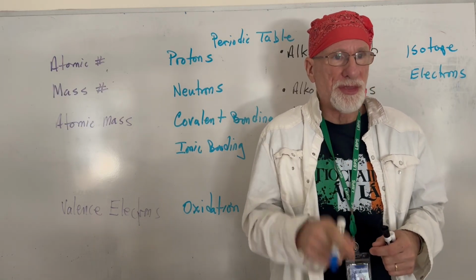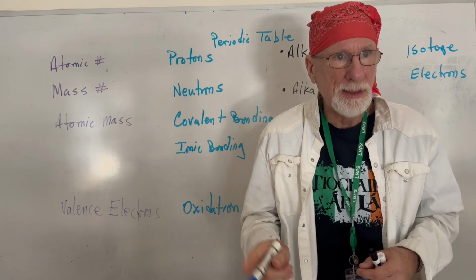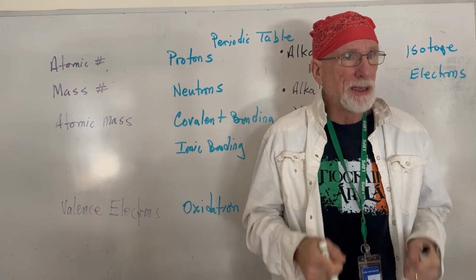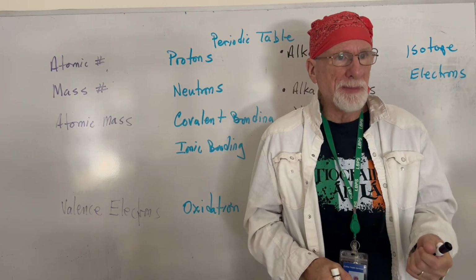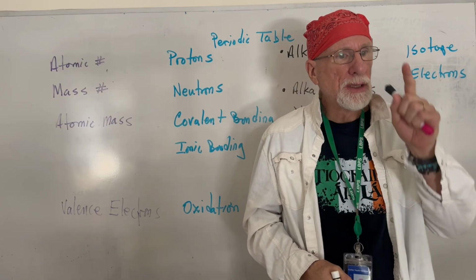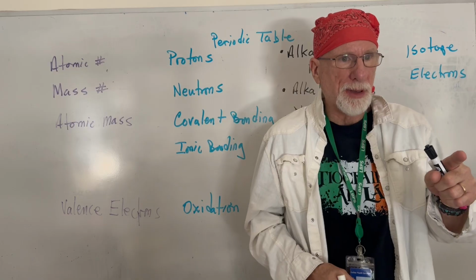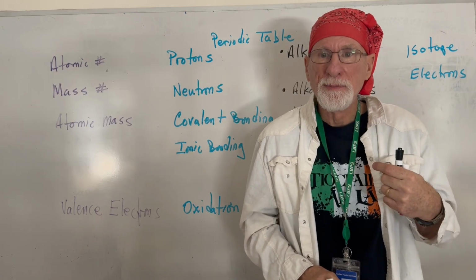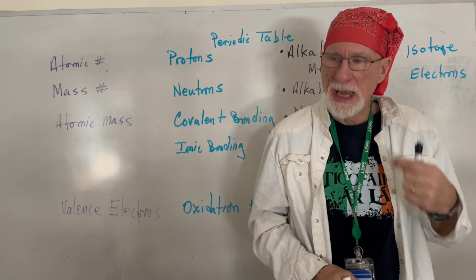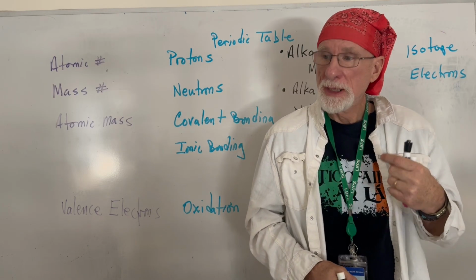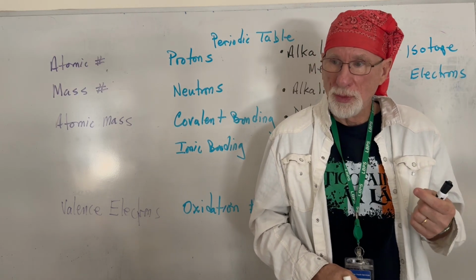For instance, lithium has an atomic number of 3. That makes it lithium. If I said to you, what element is 79? You would go to your periodic table and tell me it's gold. AU, gold.